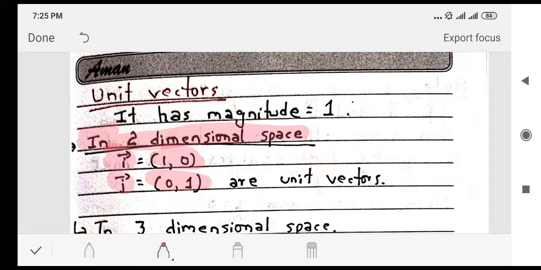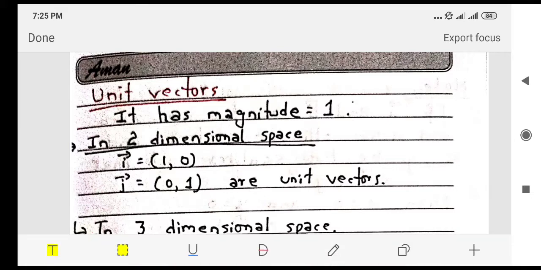So vector i and vector j are two-dimensional unit vectors. Please note down. If somebody asks what are the unit vectors in two-dimensional space, then you can say vector i (1, 0) and vector j (0, 1) are the unit vectors in two-dimensional space.